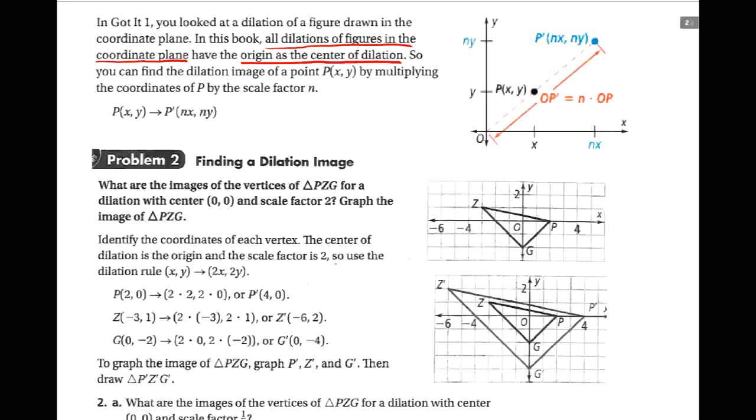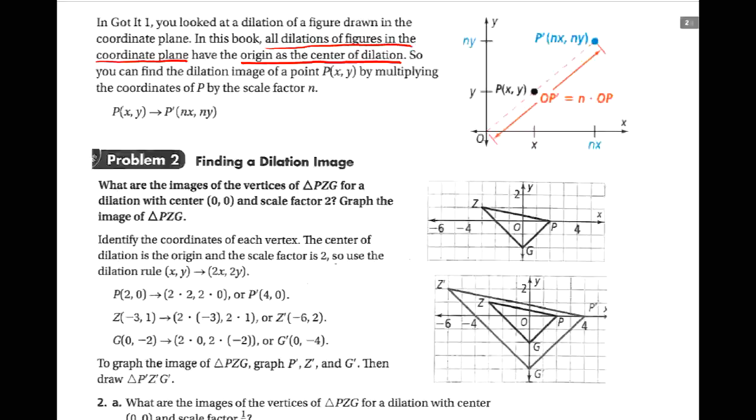Remember when we wrote translation formulas? For translations, we added, like x plus 2, y minus 3, because we moved over 2 places and down 3 places.